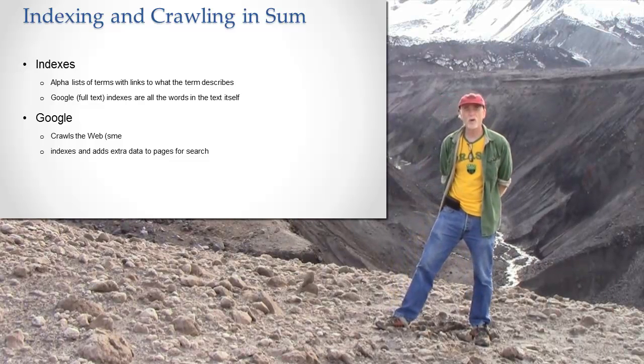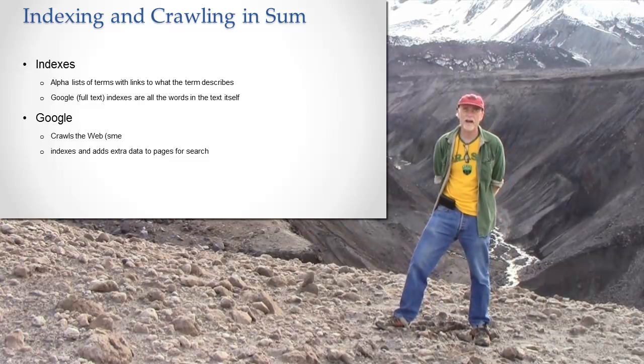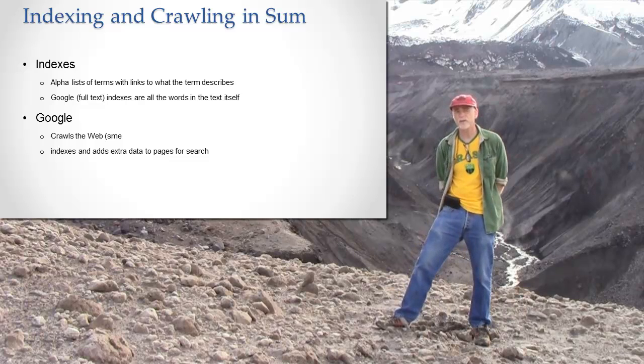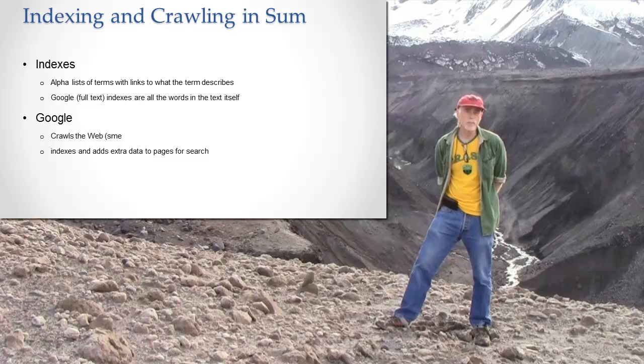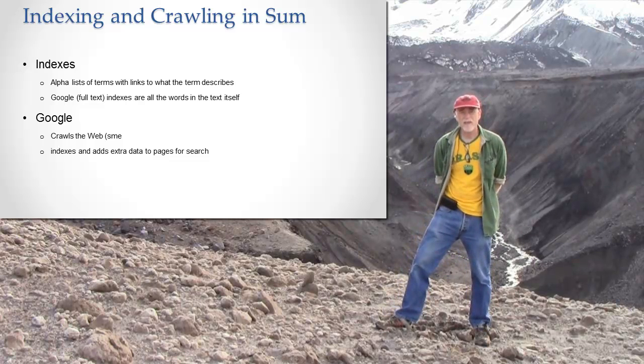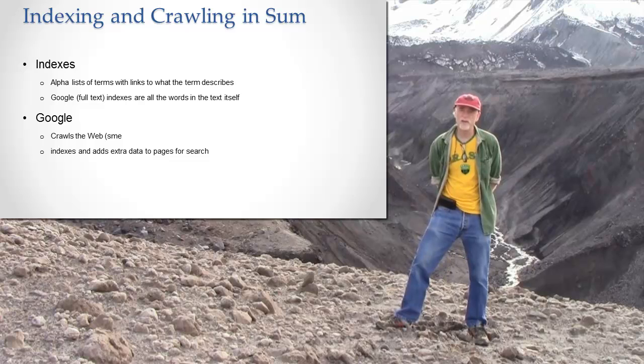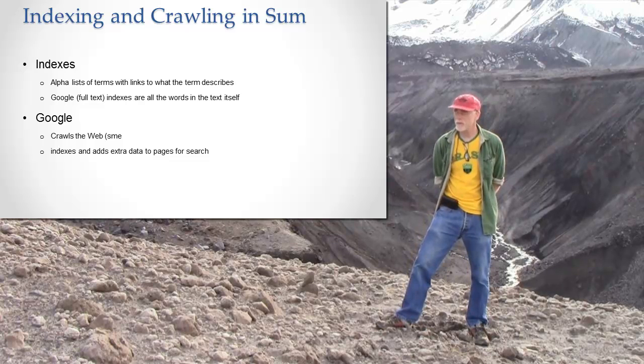Google's index, or a full text index as I like to call them, or maybe an inverted index or an inverted file or reverse index, all those different words for the same concept, is that idea of instead of like a book index. In a book index do they take all the words and shake them off the page? No. They go and they choose the most significant words, and some of the words in a book index may not even be in the book. Right? They're just words that are describing the content of the book. But that's not how it works in a full text index, in a Google type index.